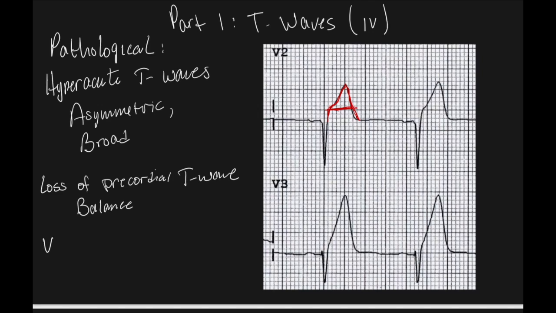The idea is that if the T wave in V1 is greater than the T wave in V6, that is pathological. So if the T wave is broader, larger, and asymmetric, and it's bigger than the T wave in V6, we have a pathological finding. And so we see here we have tall, that's greater than 10 millimeters, it's wide, and it's asymmetric. These are nice hyperacute T waves.